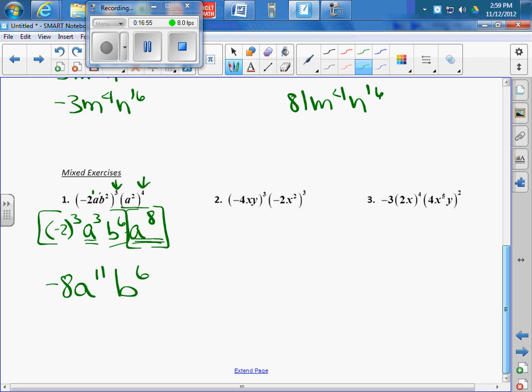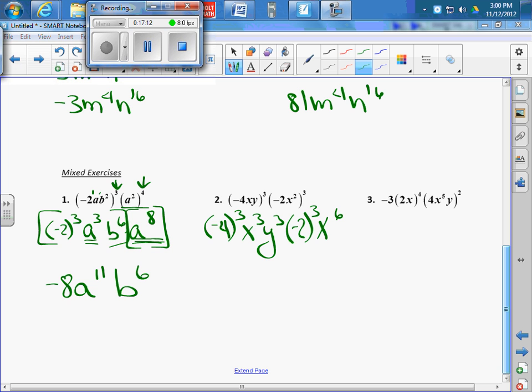In number 2, I'm going to have negative 4, remember it goes in parentheses, raised to the third, x to the third, y to the third. I'm going to have negative 2 raised to the third power, x to the 6th power. Negative 4 raised to the third power is negative 4 times negative 4 times negative 4. That's negative 64.